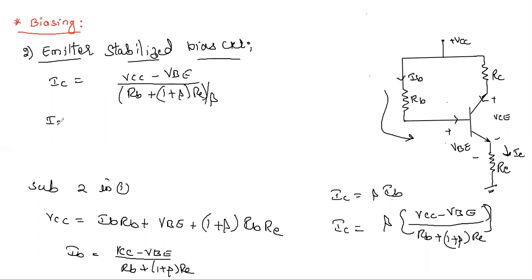So from this, IC is equal to VCC minus VBE divided by RB by beta plus 1 plus beta divided by beta into RE.